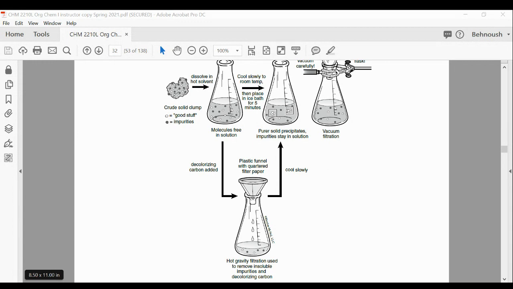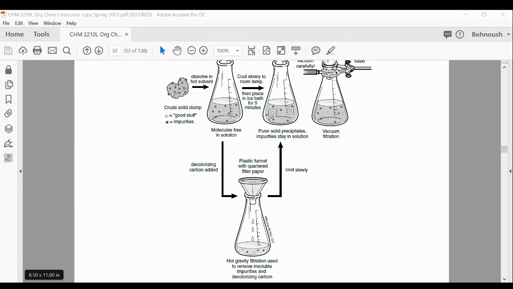So Cassandra answered the question: when a solid contains impurities that are insoluble in the crystallization solvent. When you say insoluble impurity, what it actually means is that those type of impurity did not dissolve at high temperature.